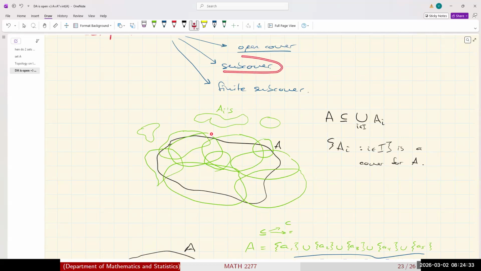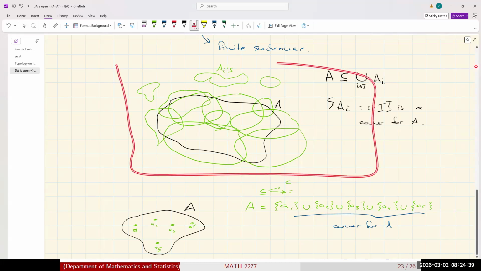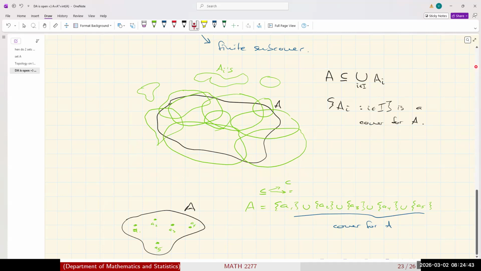So what is a subcover now? Notice in this example, this first drawing, a lot of these sets I don't need, right? There's a lot of these green sets that either did not cover any part of A, or they were covering a part of A that was already included in another set.